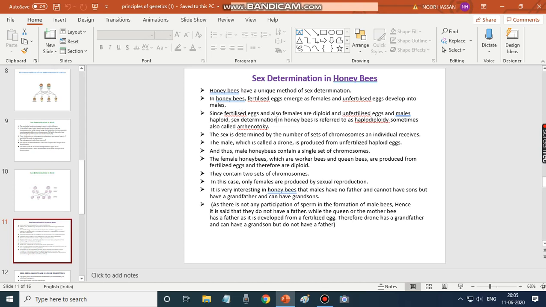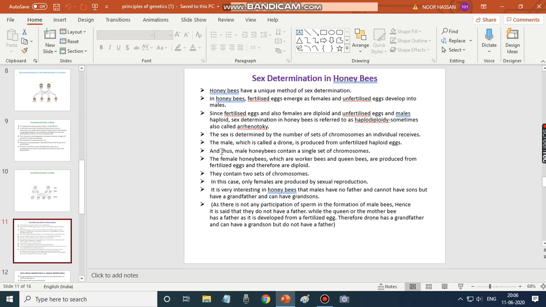Since fertilized eggs and also females are diploid and unfertilized eggs and males are haploid, sex determination in honeybees is referred to as haplodiploidy, sometimes also called arrhenotoky. The sex is determined by the number of sets of chromosomes an individual receives.